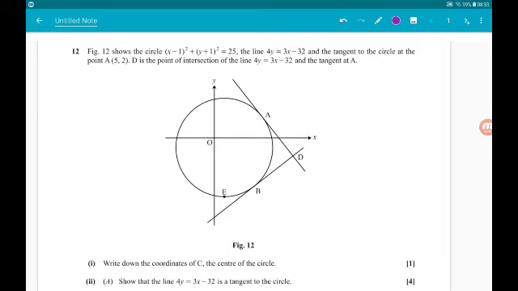D is the point of intersection of the line 4y = 3x - 32 and the tangent at A. Okay, 14 marks altogether if my maths is right.